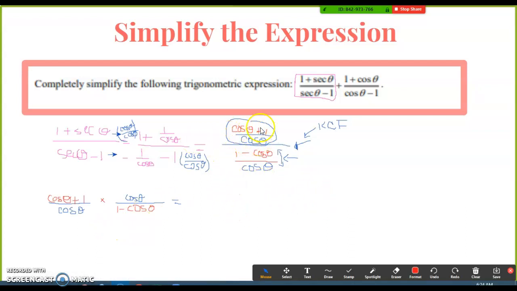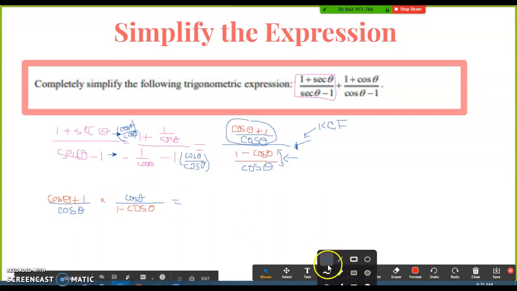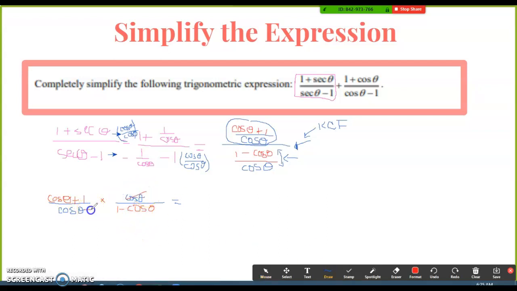So we keep the numerator the same, so that means we're just copying that down. Cosine of theta plus 1 over cosine of theta. We're changing division to multiplication, and then we flip the denominator. And so we would then have cosine of theta over 1 minus cosine of theta. And now let's just multiply across. If we look, though, we can cross divide, and we see that these cosines are going to cancel out, right?